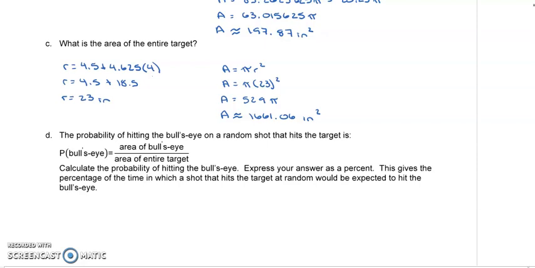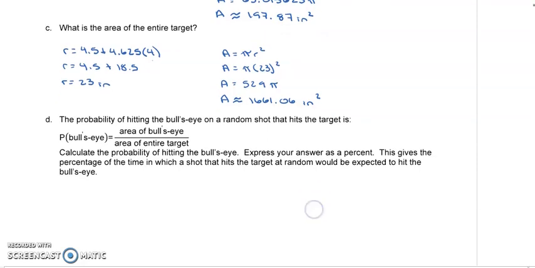For part D, it says the probability of hitting a bullseye on a random shot that hits the target is the probability of bullseye equals the area of the bullseye over the area of the entire target. So we want to know what's the percent that this could actually happen. So I'm going to start with the probability of the bullseye. And my bullseye, I had the area of 20.25 pi.